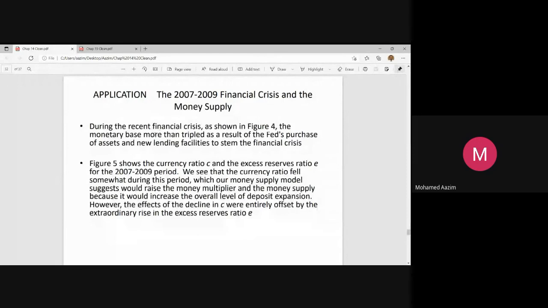The monetary base expanded manyfold as a result of policy-driven money supply expansions all across the world. So you see the monetary base is increasing continuously during this period.